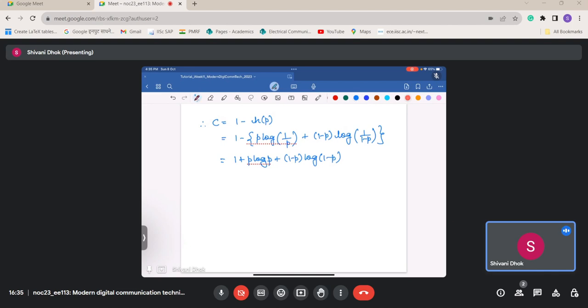And this is basically a convex function which looks something like this. So this is p equal to 0.5, this is p equal to 1, and this is p equal to 0, and this gets maximized at p equal to 0 and 1.